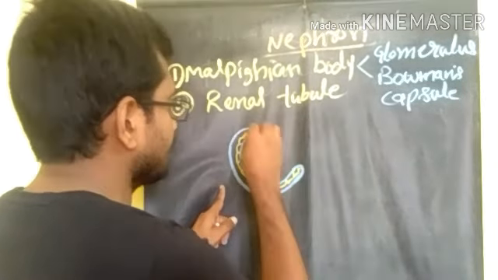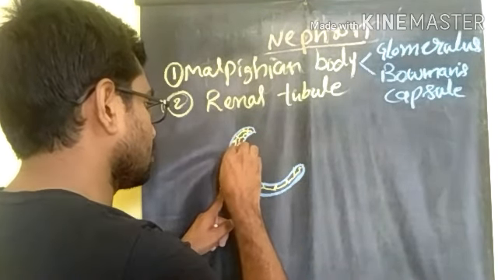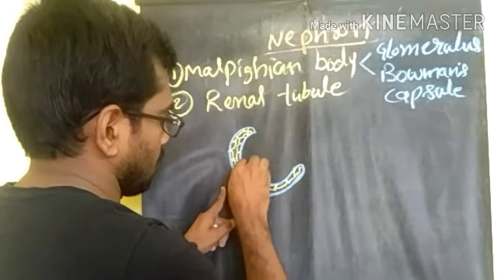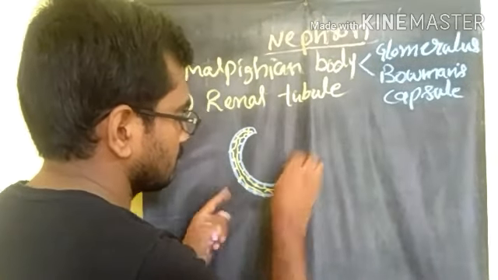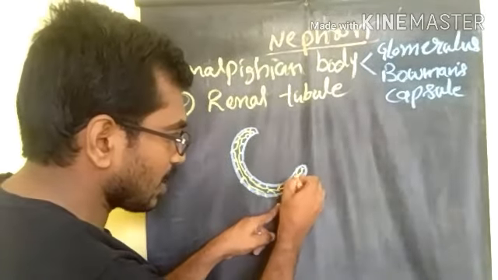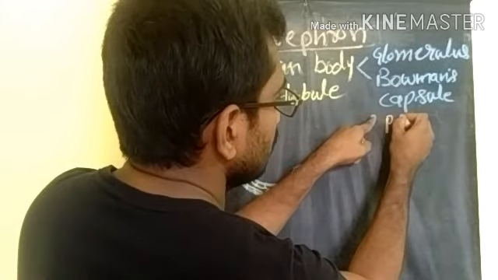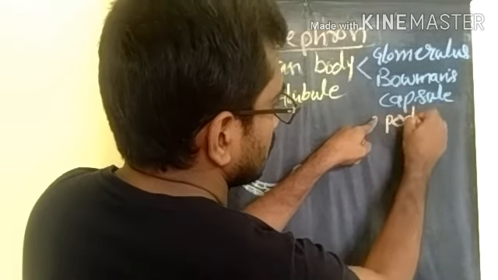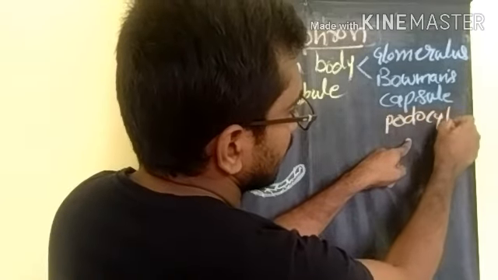These epithelial cells present at the walls of the Bowman's capsule we call podocytes. So Bowman's capsule is made up of epithelial cells called podocytes.